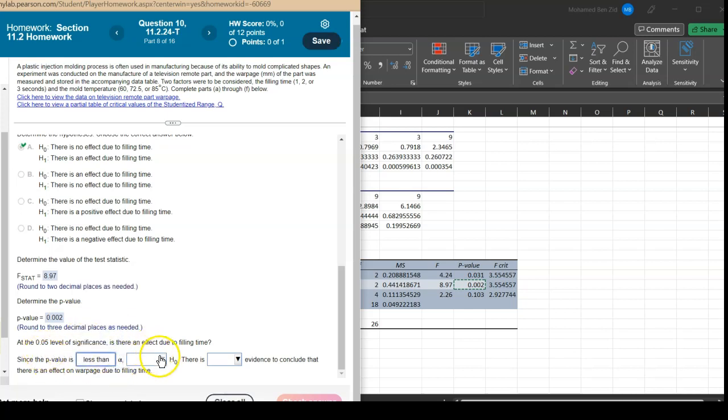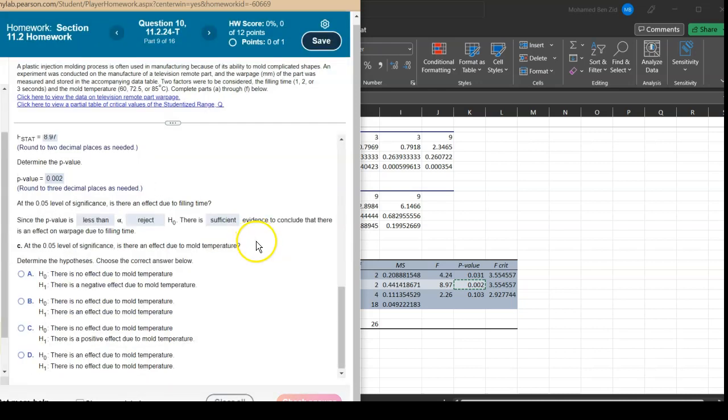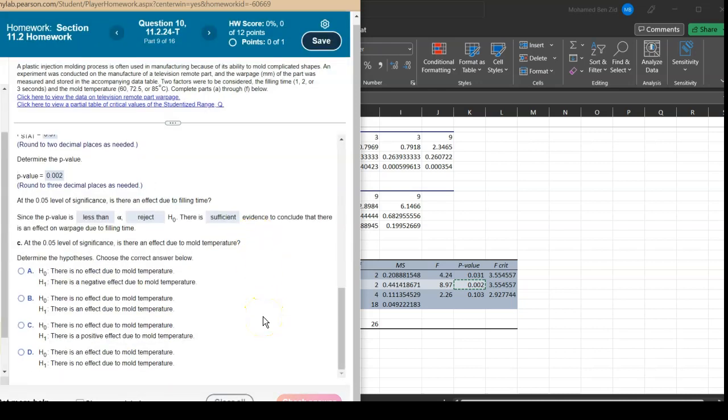This is less, so we are rejecting the H0. The H0 says no effect, and we are rejecting it. Every time you reject H0, there is sufficient evidence. All right, and done. So now we have a similar question.